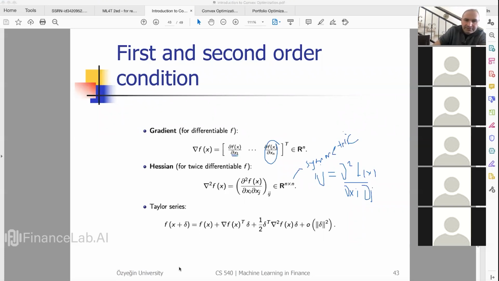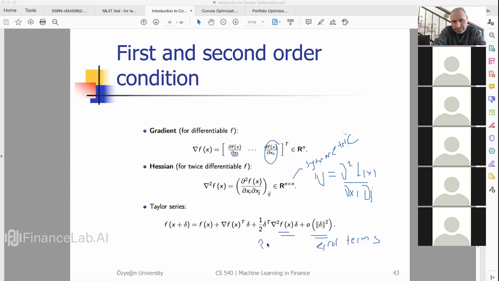And again, the gradient and Hessian are also used in the Taylor series expansion. For instance, f(x+v) is equal to f(x) plus the gradient term plus one half times the Hessian term, with some error terms. These are the error terms here. Using the original Taylor expansion, these will be the third order terms, but here we are only expanding in terms of the gradient and the Hessian.